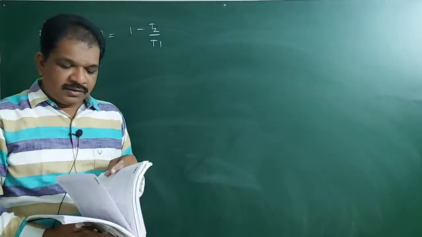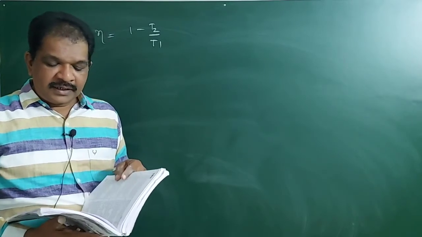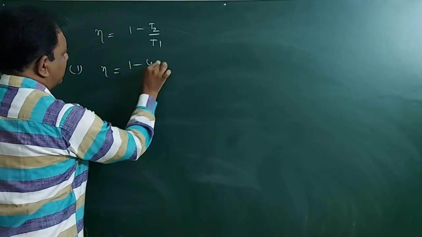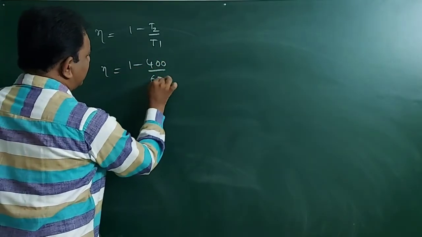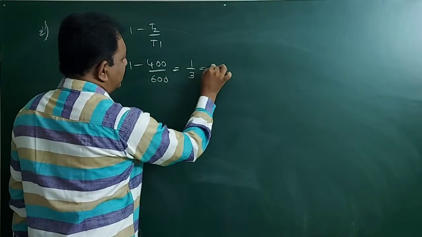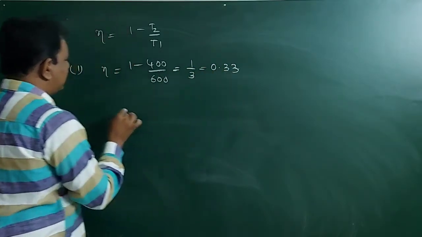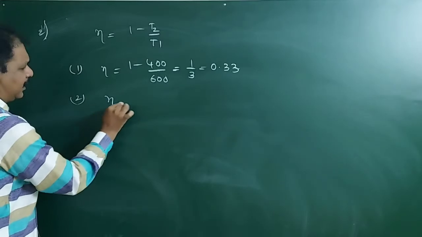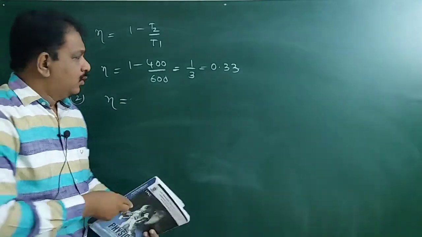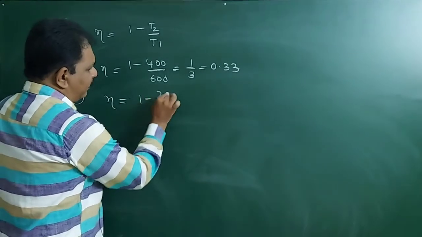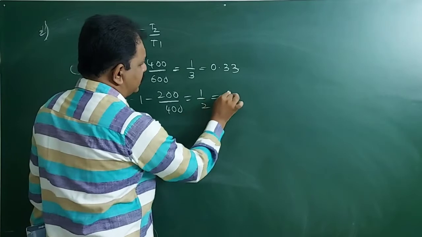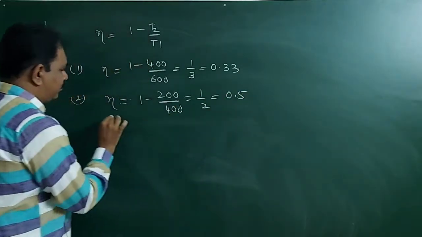First option, 600, 400. So 1 minus 400 by 600, that is 1 by 3, 0.33. Second option, 1 minus 200 by 400, which is 1 by 2, this is 0.5.